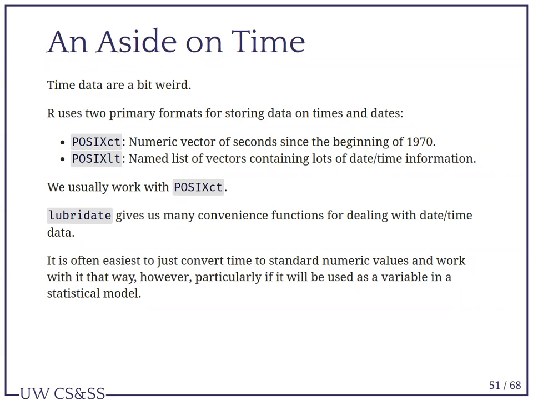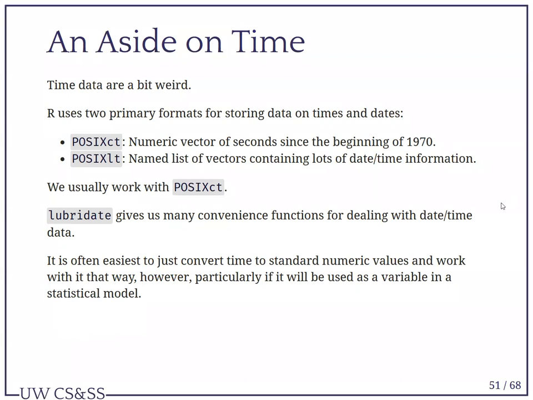So when you want to add 12 days, it bases it on this vector of seconds since 1970. And then POSIXlt is a named list of vectors containing lots of date time information, including things since before 1970. But I think you can coerce POSIXct to also deal with before 1970.